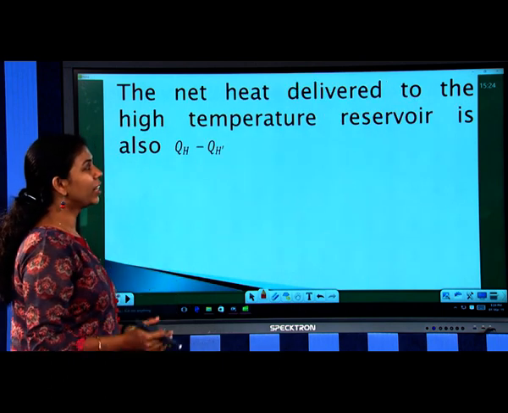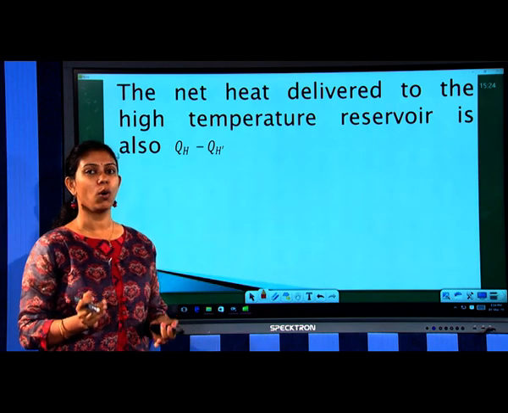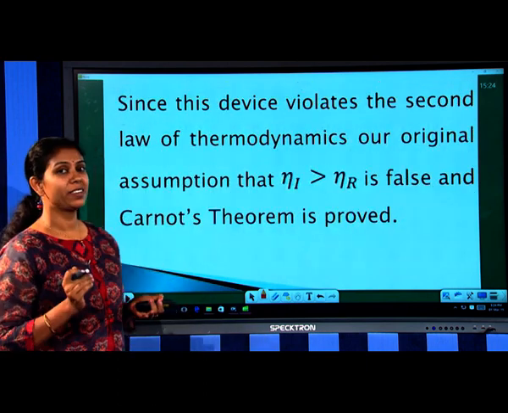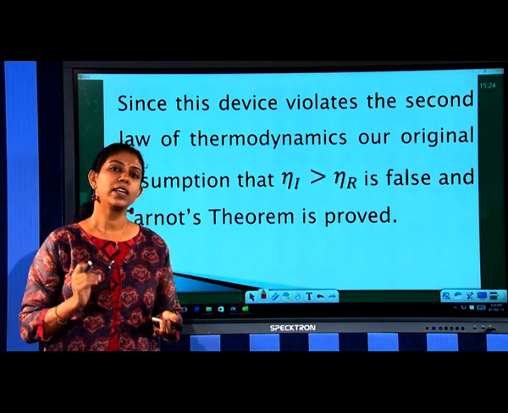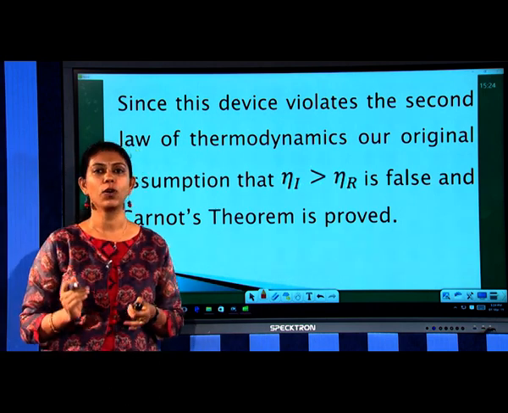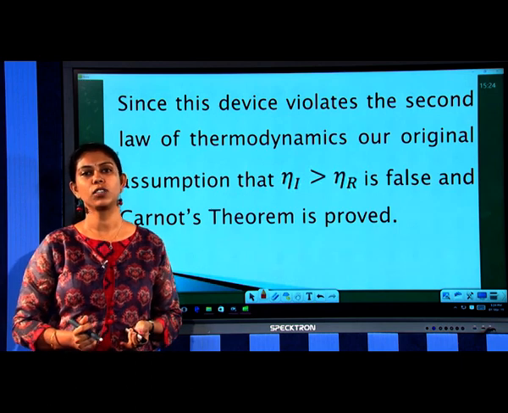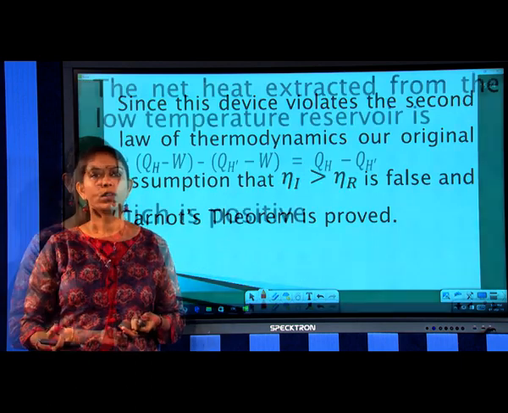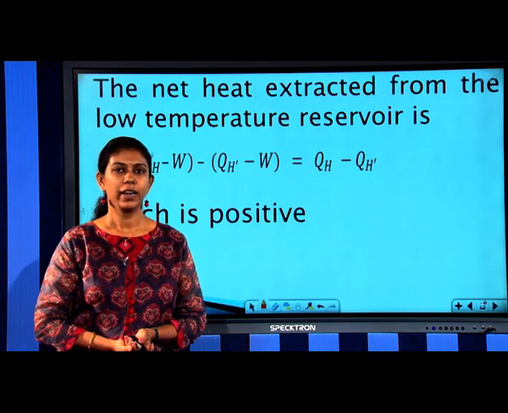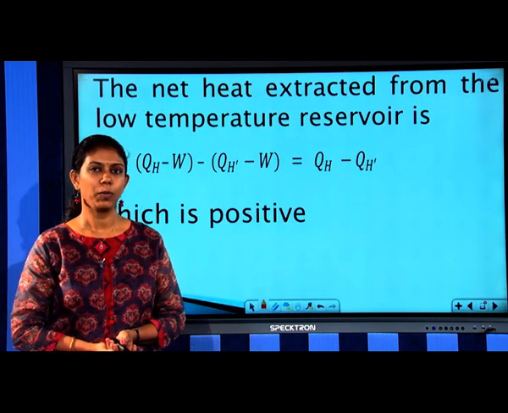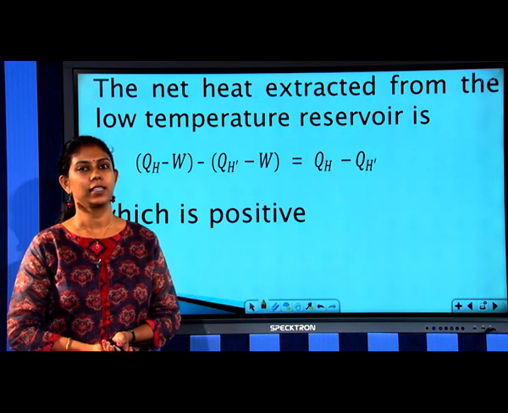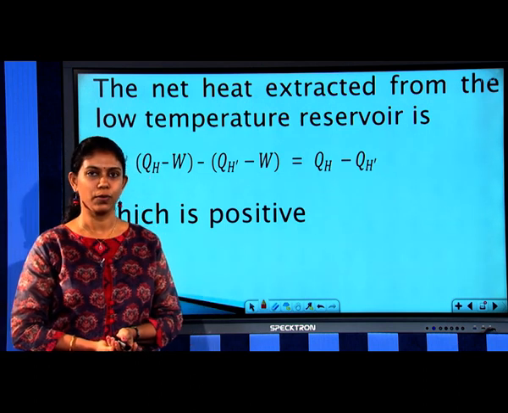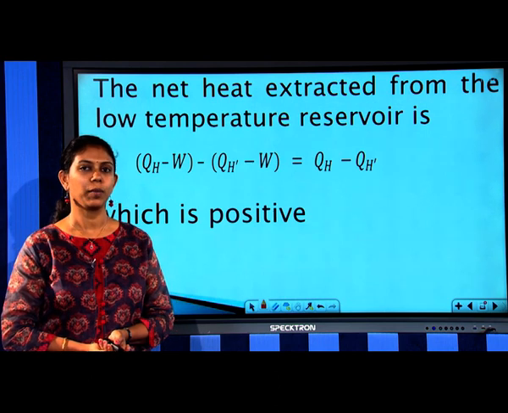So, it clearly violates the second law of thermodynamics. The second law of thermodynamics states that heat cannot be transferred from a low temperature reservoir to a high temperature reservoir without doing any external work. Since this device violates the second law of thermodynamics, our original assumption that eta I is greater than eta R is false and Carnot's theorem is proved.